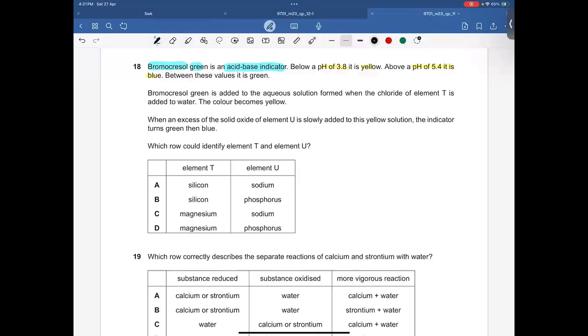We have two values, 3.8, which shows yellow, and 5.4, which is blue. And between these two values, it is green.